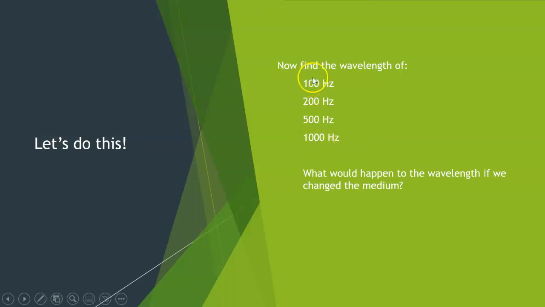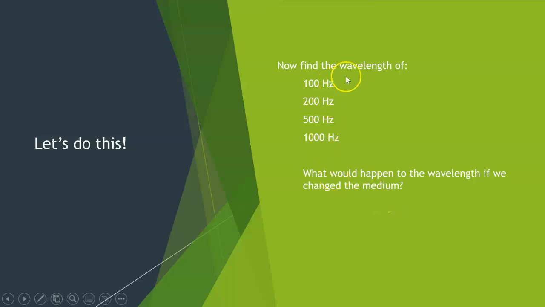So what's the difference in wavelength between 100 hertz and 1,000 hertz? Then I want you to determine what would happen to the wavelength if we change the medium.